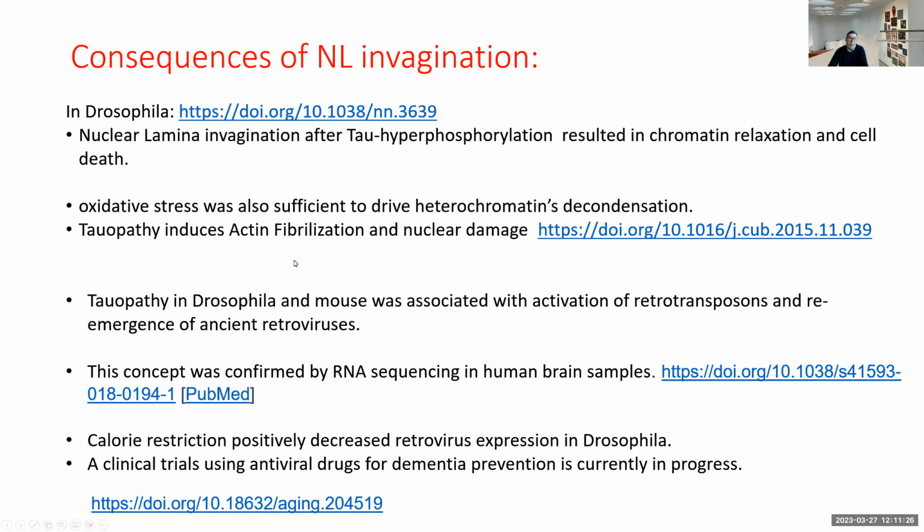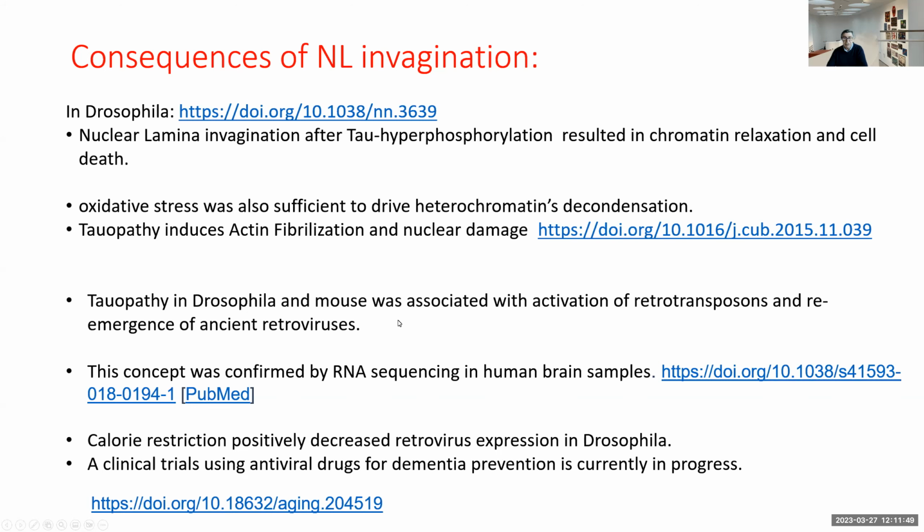Then what they further looked at in these models was RNA sequencing, and they showed that tauopathy in Drosophila was associated with aberrant activation of retrotransposons and reemergence of the ancient retroviruses.